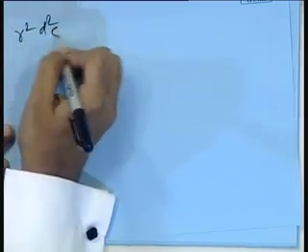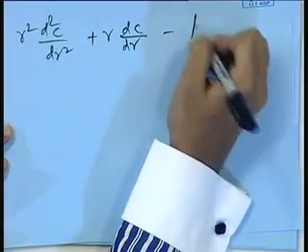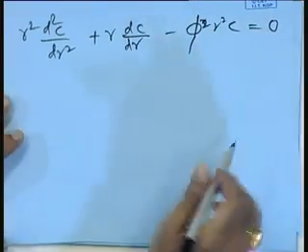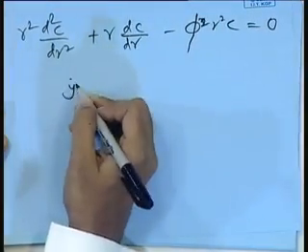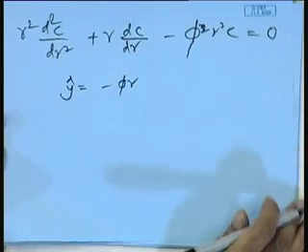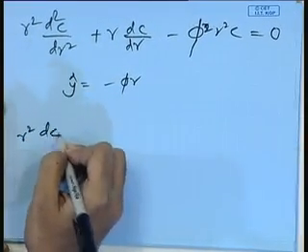If you have r square del 2 c del r square plus r del c del r minus phi square r square c equals 0, I can call my y hat equals minus phi times r. Then you can convert this to another form.